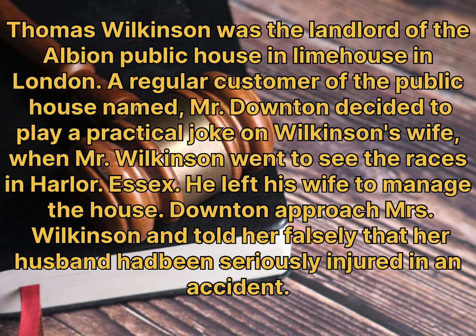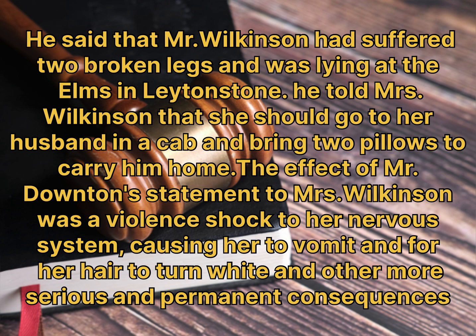He left his wife to manage the house. Downton approached Mrs. Wilkinson and told her falsely that her husband had been seriously injured in an accident. He said that Mr. Wilkinson had suffered 2 broken legs and was lying at Elms in Leytonstone.